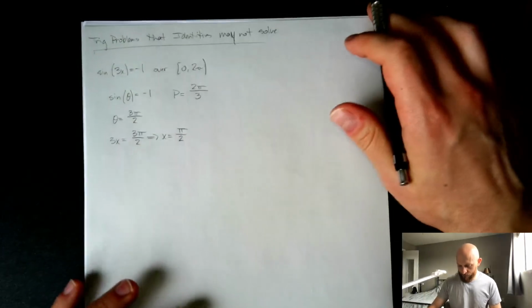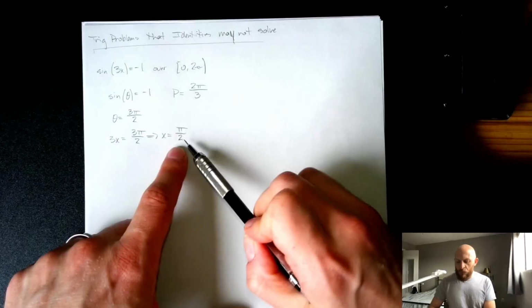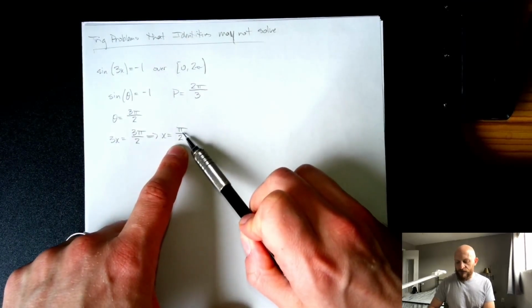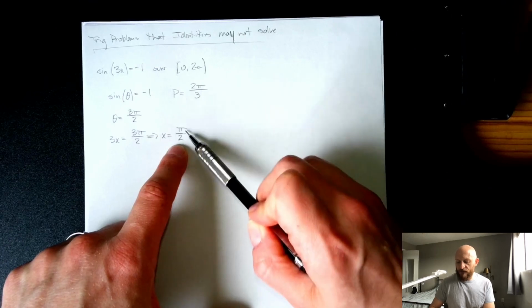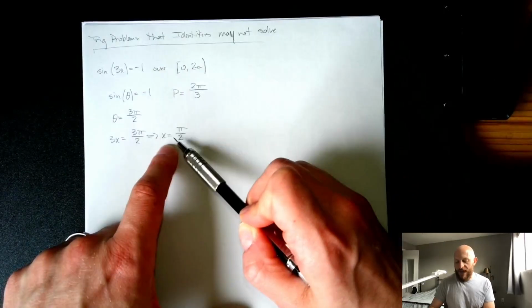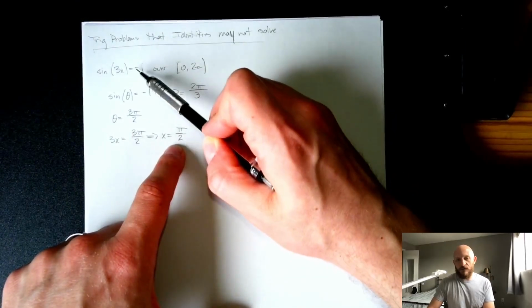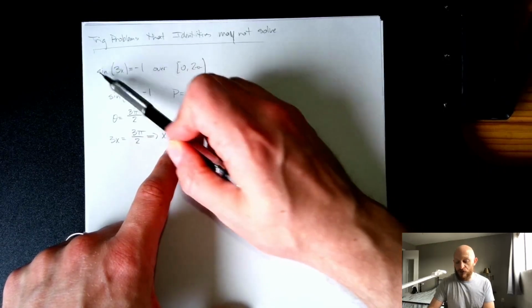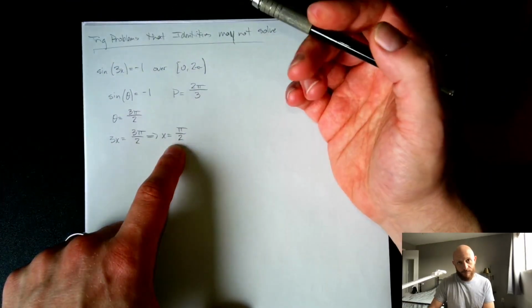That's the period. Which means that we can add onto this pi over 2. Every time that we add 2 pi over 3 onto this, we end up with the same solution. That new x value will be a solution to sine of 3x equals negative 1.